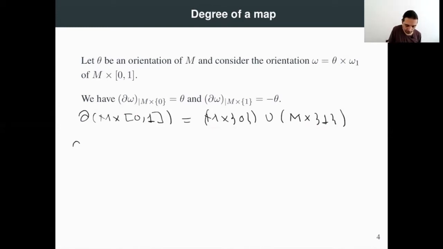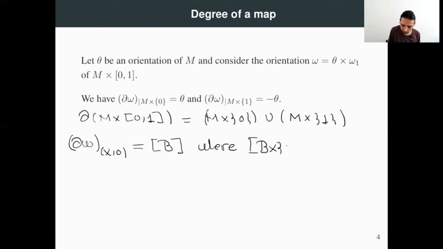What happens is that by definition, the orientation partial omega at a point x0 is the orientation of a base B of the tangent space of the boundary at the point x, where the orientation induced by B times 0, and here we have to consider, by the definition of the induced orientation of the boundary, an inward normal vector.